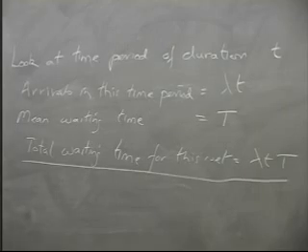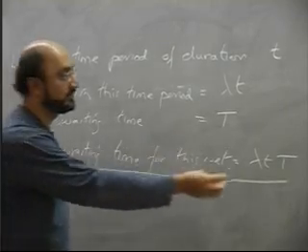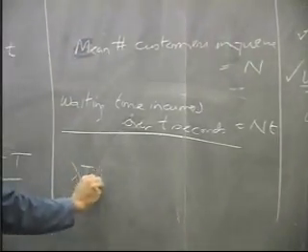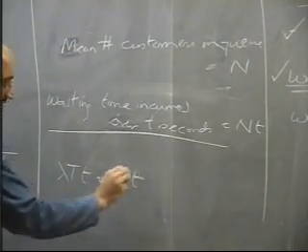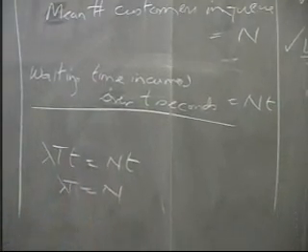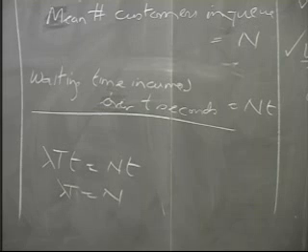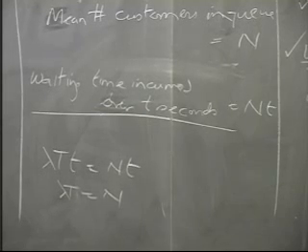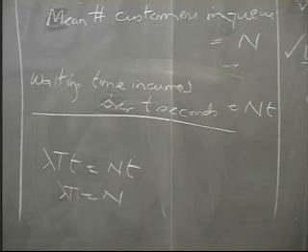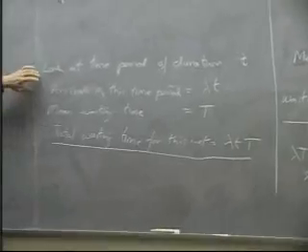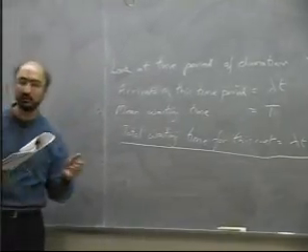The mean is the mean is the mean, right? The waiting time incurred for these guys has got to be the same. So we get lambda tT equals nt, and cancelling t out, we get lambda T equals n, which is, of course, Little's law, all right? So all I'm doing is computing the total amount of waiting time incurred in two different ways. One, by looking at the time period duration t and how many people came and how much they incurred.